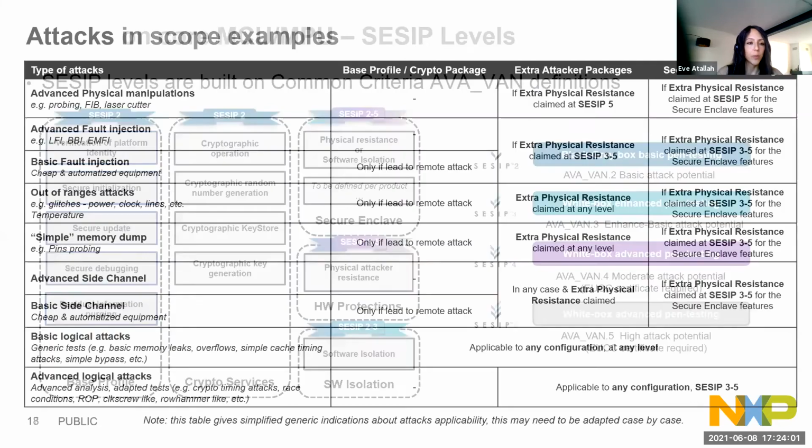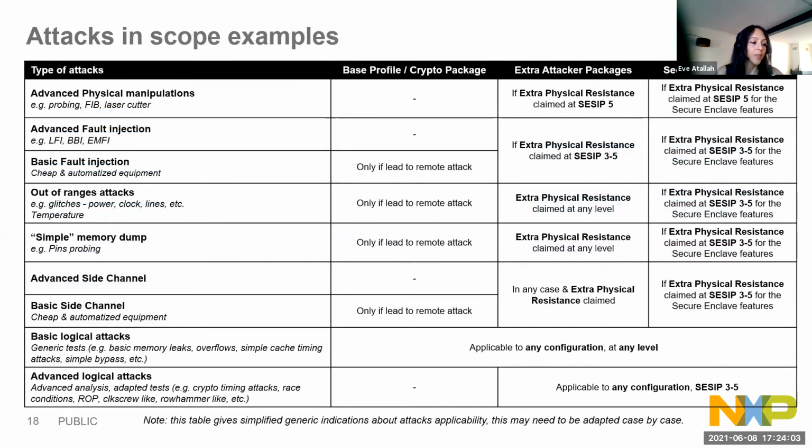So let's see a bit more concretely what this means in terms of attacks. Just before, it is important to understand that this table is a really simplified analysis. It does not fully follow the Common Criteria schemes, but it gives an idea of the applicable tests depending on the core MCU MPU security claim.